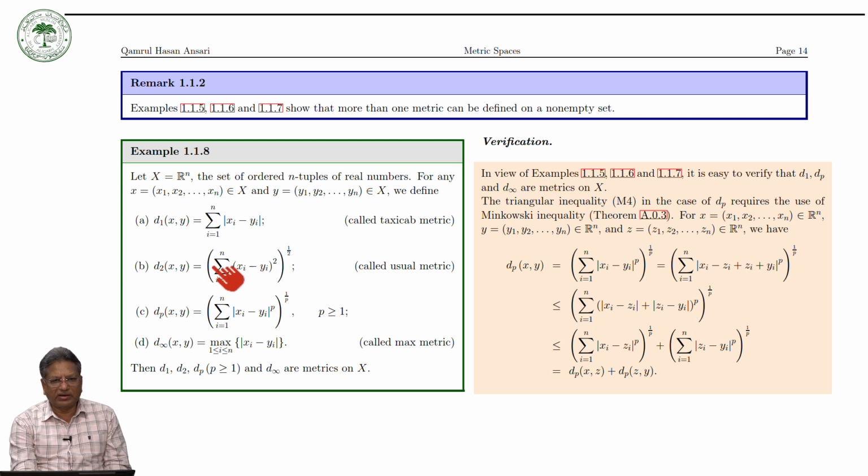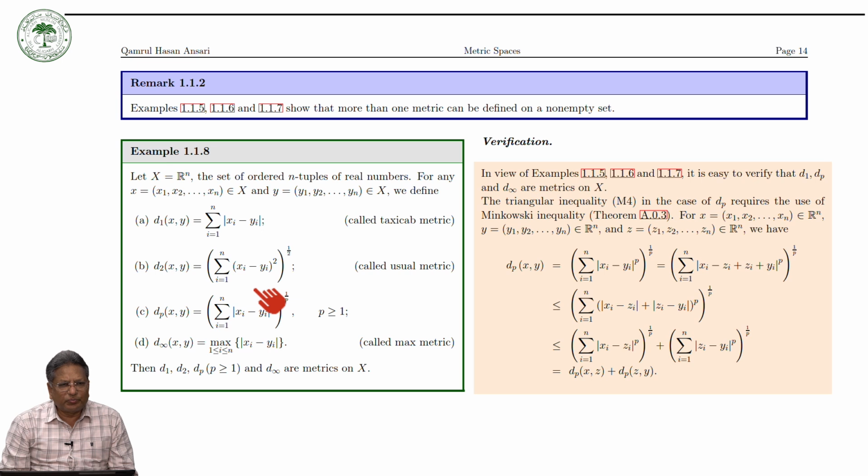And the d1 metric is called the taxicab metric. As we have seen in the previous cases, it can be easily seen that these four are metrics on Rn.